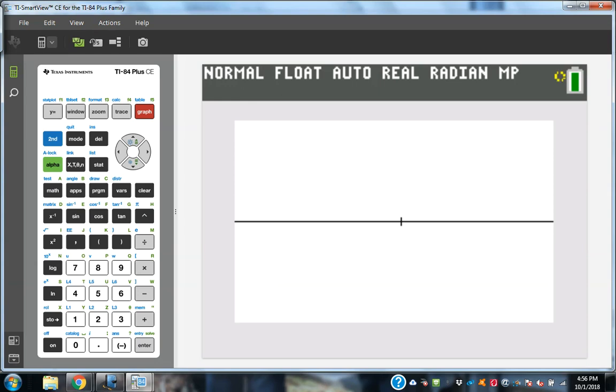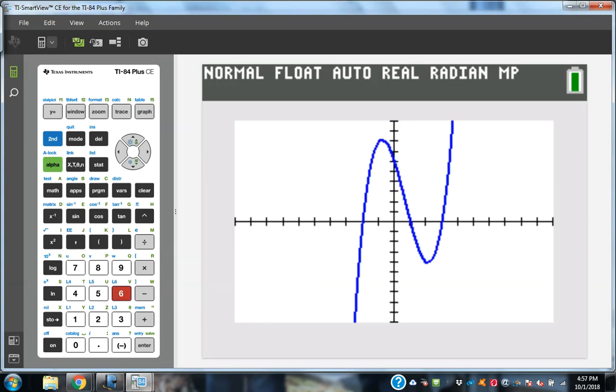And I'm going to have to hit zoom 6 to get it back to a normal window. Anytime you zoom in or zoom out with your calculator, zoom 6 will get you back to the normal place. Look where it crosses the x-axis. There's 3, there's 1, there's -2. It's the right places. That's a good checking method for multiplying out a polynomial.